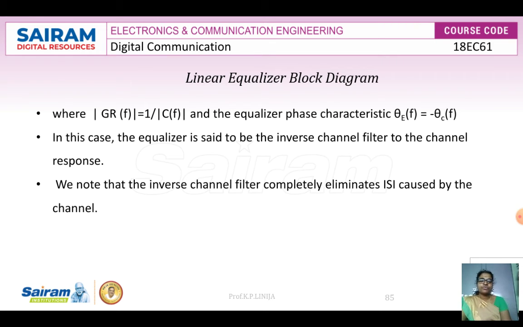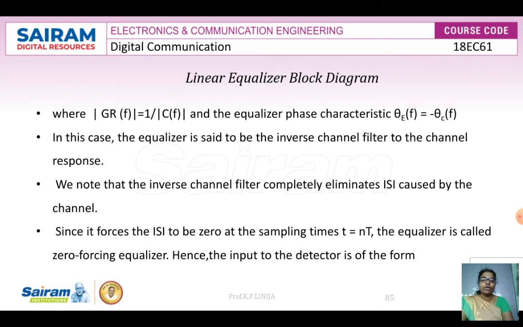In the prior videos we have discussed many concepts related to intersymbol interference. There we noted that the inverse channel filter will completely eliminate the intersymbol interference caused by the channel.